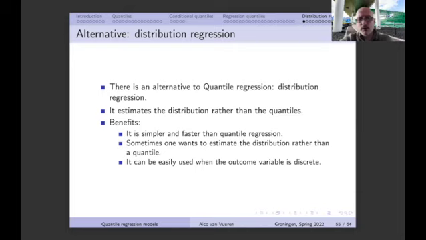Nowadays, of course, computers are pretty fast, and for a reasonable data set, say 10,000 observations or even more, and a reasonable number of regressors, we can actually do quantile regression these days. But unlike what you can do with standard regression analysis, don't try to do quantile regression on a couple of millions of observations and a couple of thousands of different regressors.